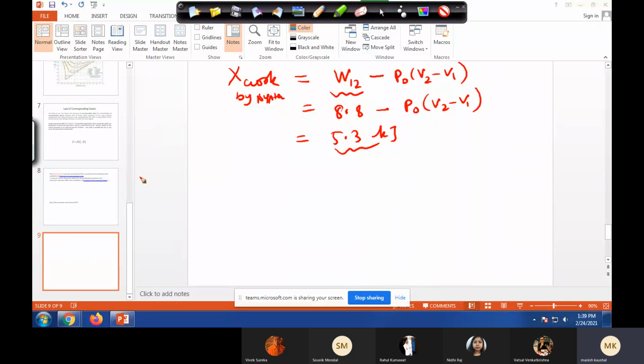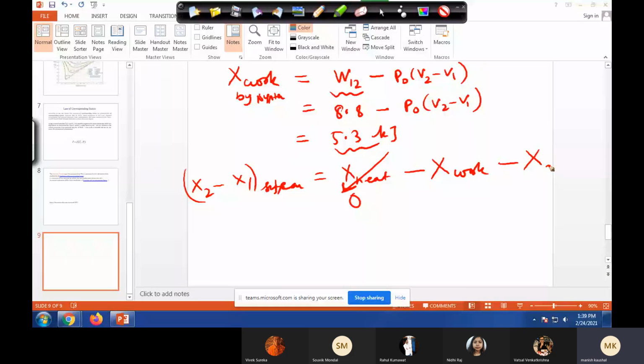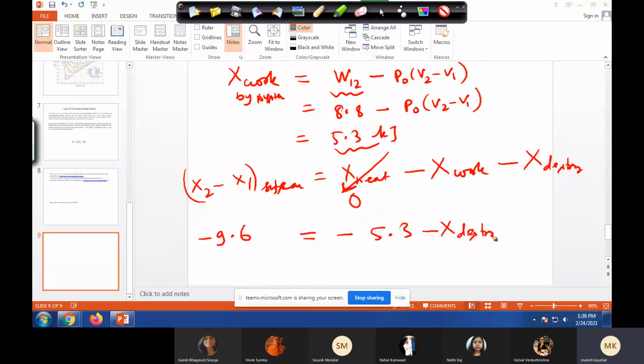Now since we have all the terms, we can apply the exergy balance. So X2 minus X1 of steam is equal to X heat, which is 0 because we are not giving any heat to the system, minus X work, which we know, and we want to know X destroyed. So X2 minus X1 is coming out to be, if you remember, minus 9.6. X work is coming out to be minus 5.3 minus X destroyed.